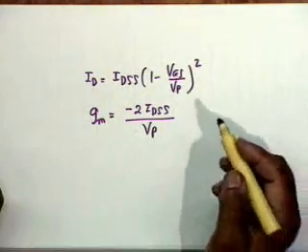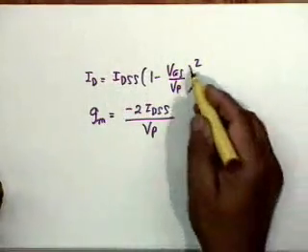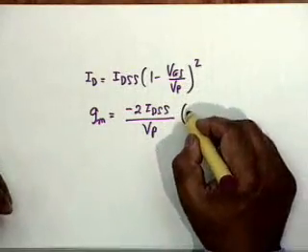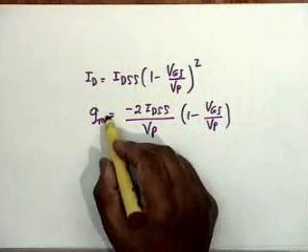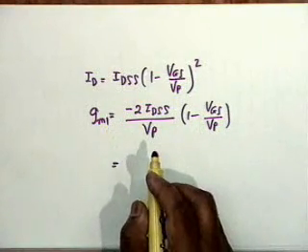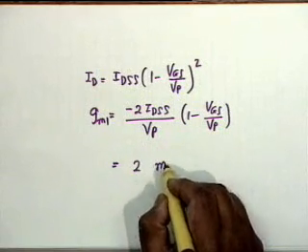You don't have to remember this formula. All that you remember is that there is a square law. The differentiation is obvious. If you substitute the values, my value comes as 2 millimho.